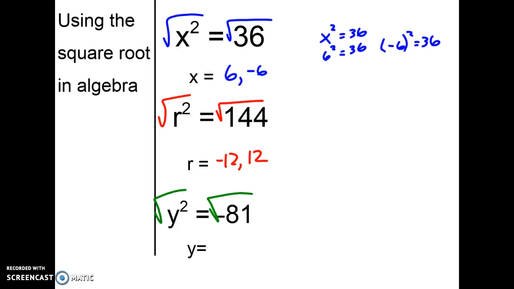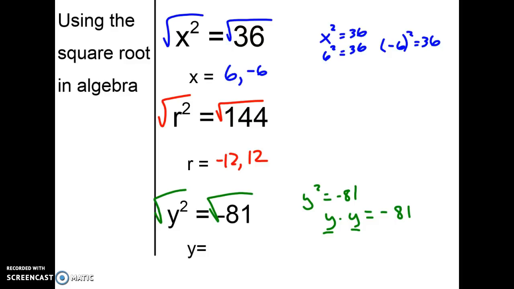This is an important question. I have y squared equals negative 81. So I need a number, multiplied by itself, to get negative 81. There's no way of doing that. If we get a negative number, one of the y's has to be negative and the other positive, but they can't be, because they have to be the same number.